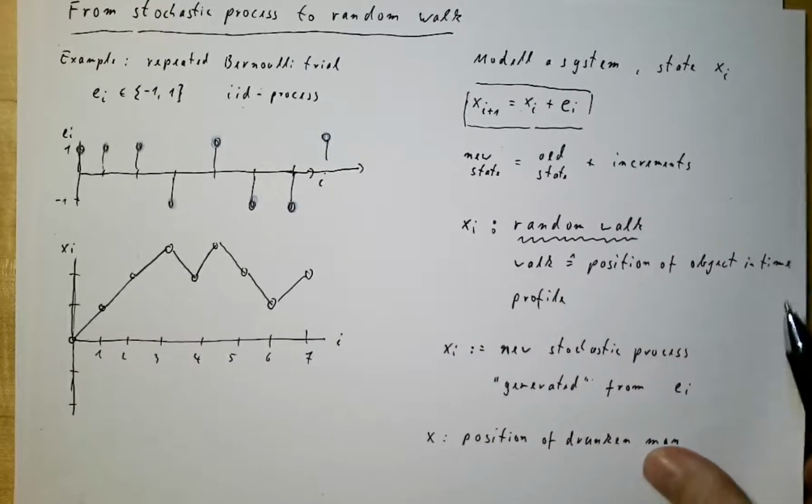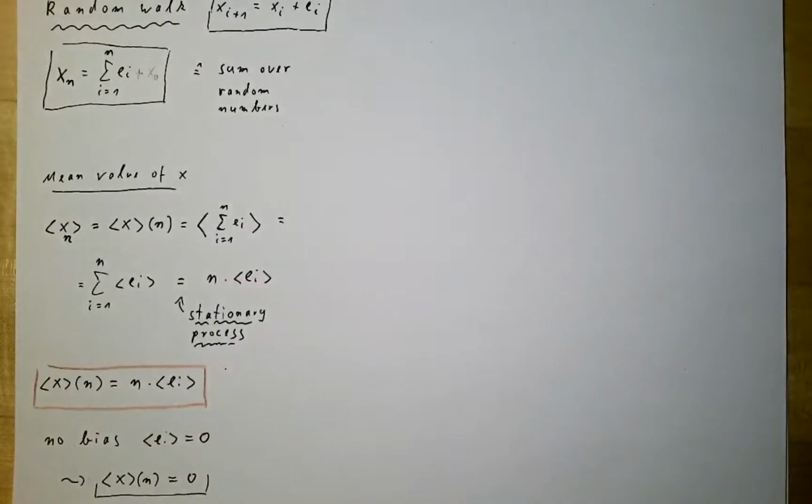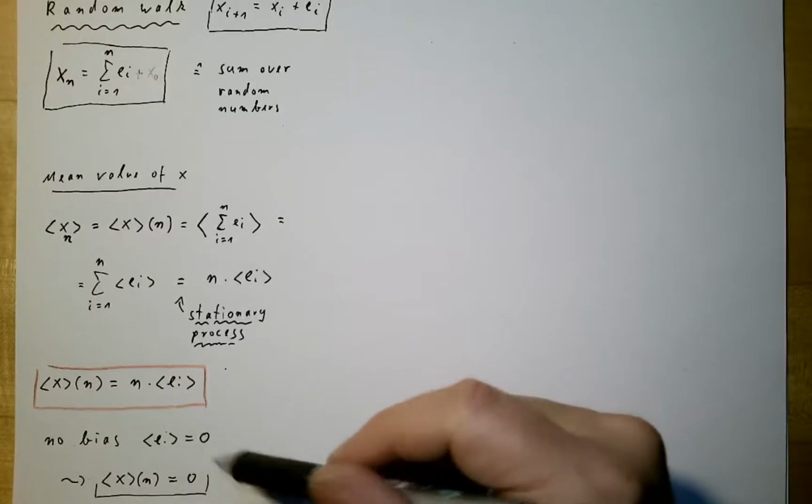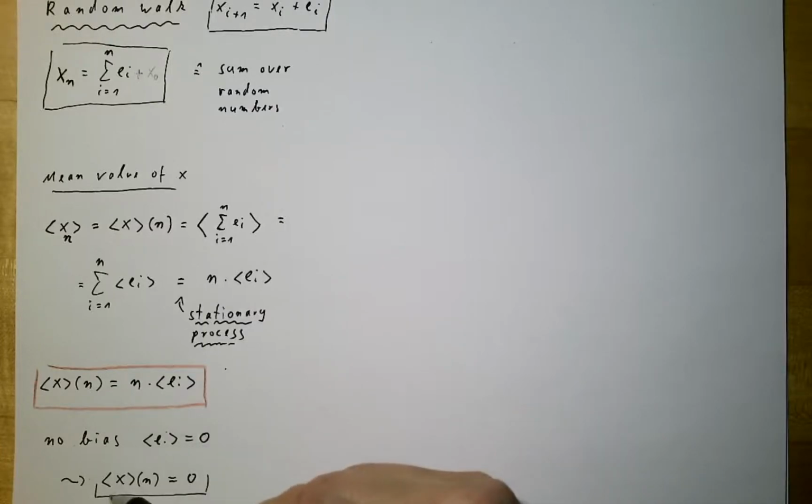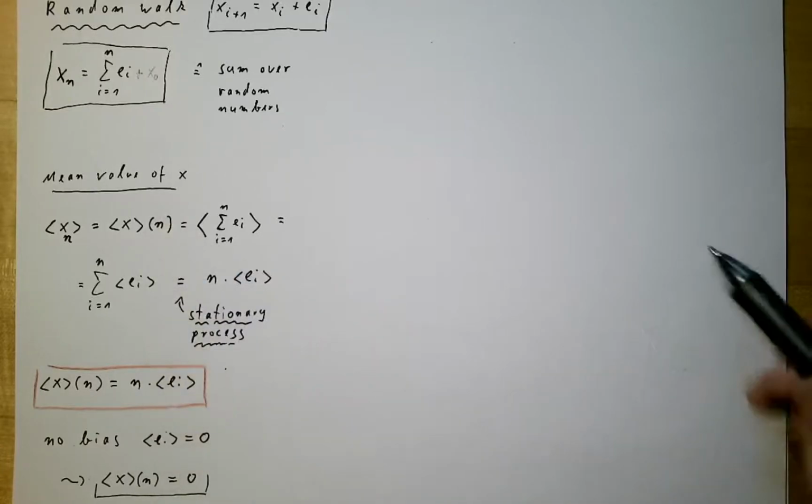And then if you now have a small bias, and the increments have a certain bias to be positive or negative, for example, you have your Bernoulli trial with a coin which is not fair, then the sum you earn by throwing this coin a lot of times, so the mean position of the walker might increase in time. So that's the mean value of a walker.